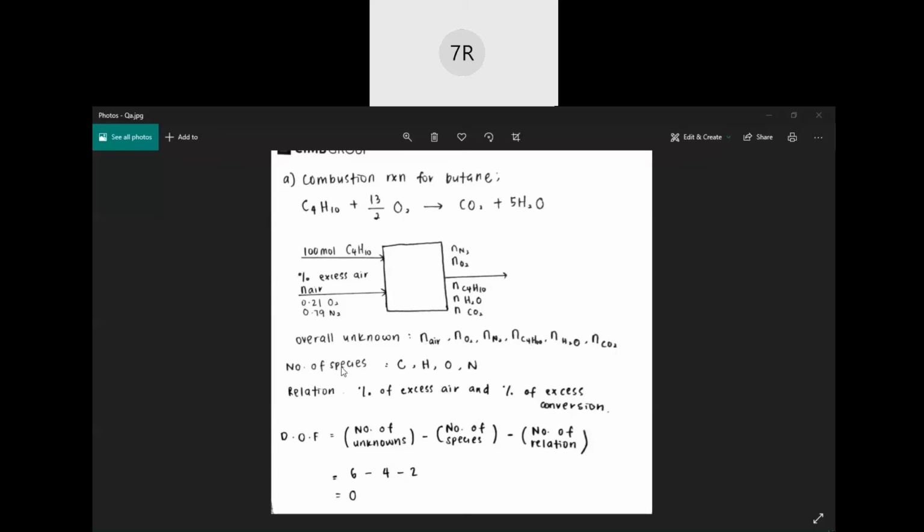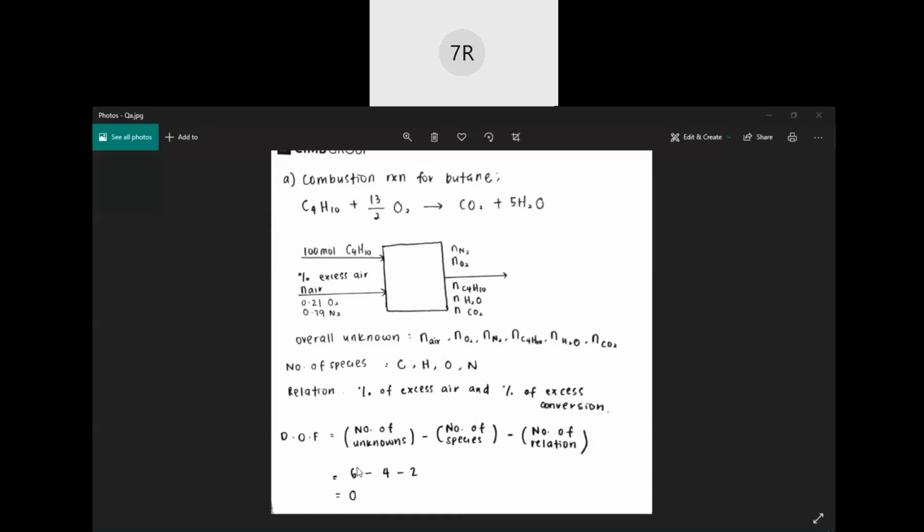And then we have 4 species: carbon, hydrogen, oxygen, and nitrogen. The percentage of excess air can be related to the percentage of conversion. So for the degree of freedom analysis, we use the formula: number of unknowns minus number of species minus number of relations.